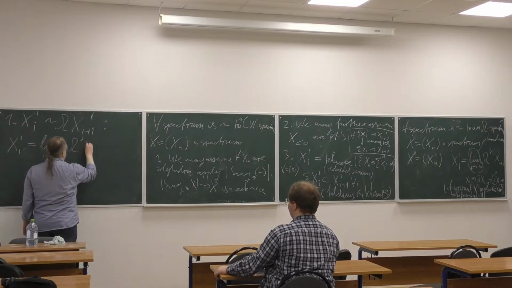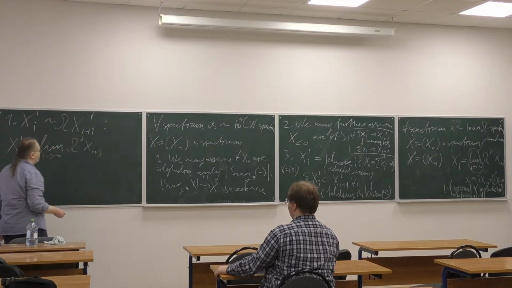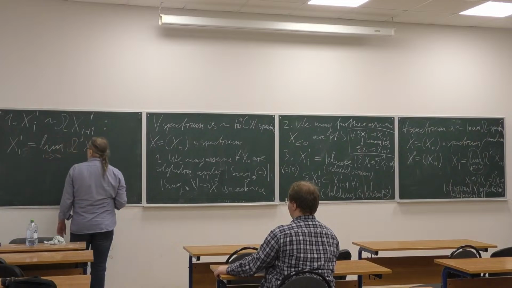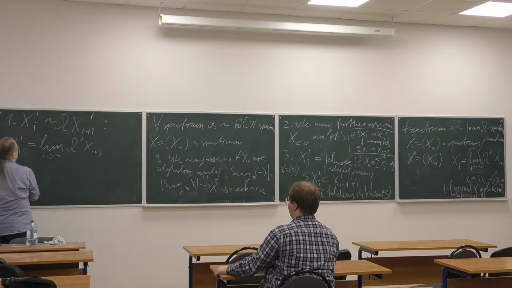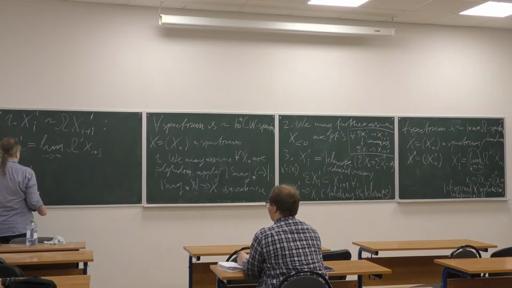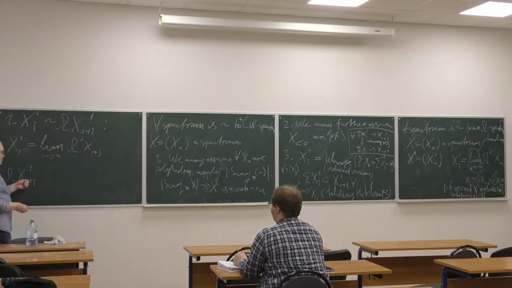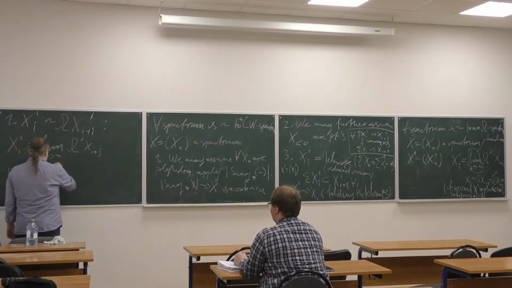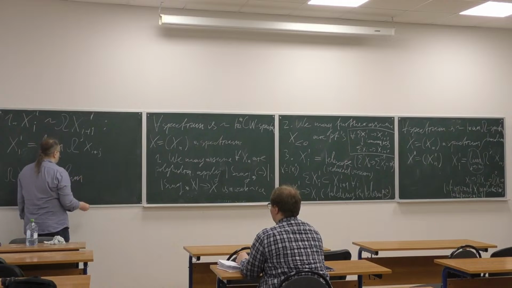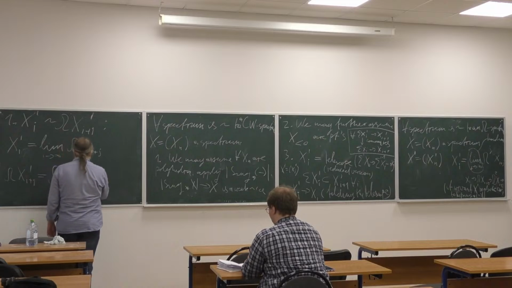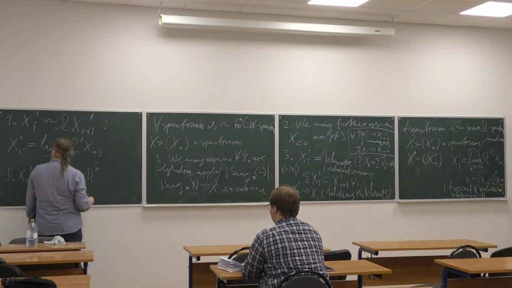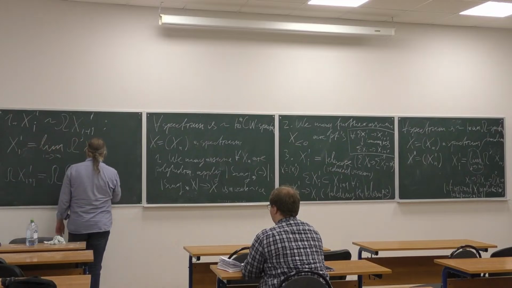Omega^j X_{i+j}. Okay, Omega X_{i+1} prime is the same as Omega of the limit of Omega^j X_{i+1+j}.